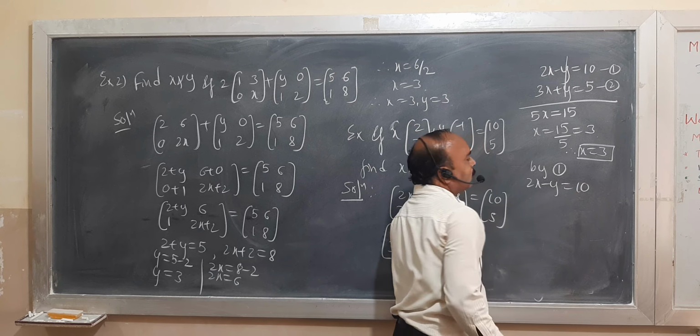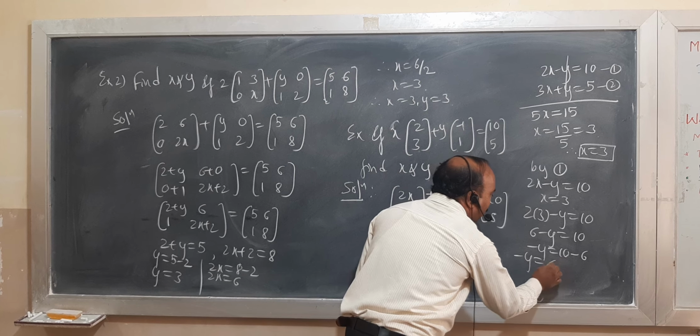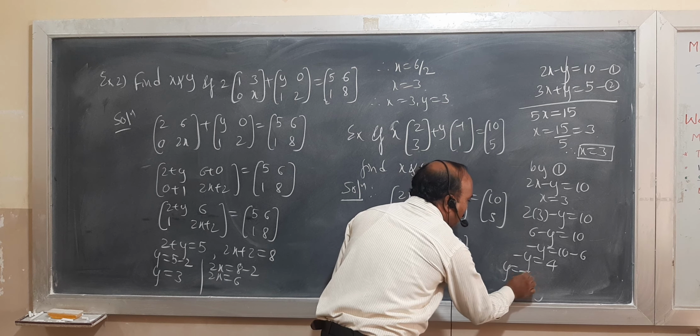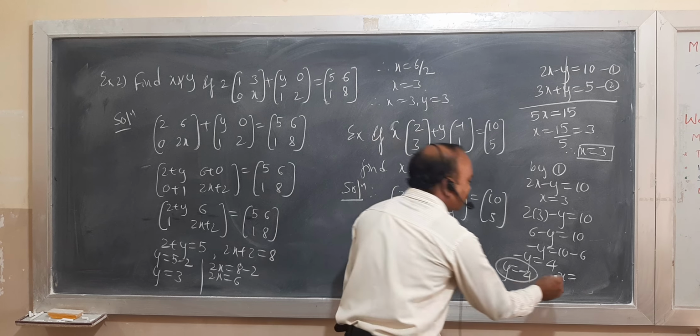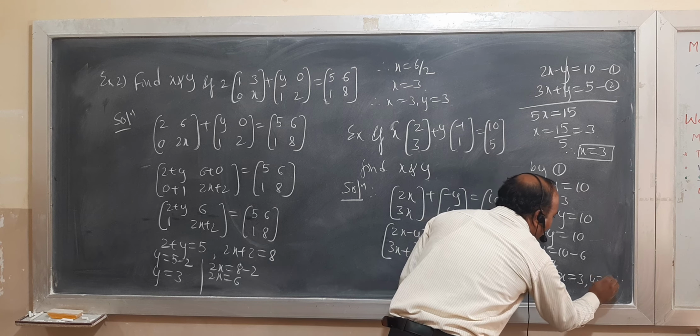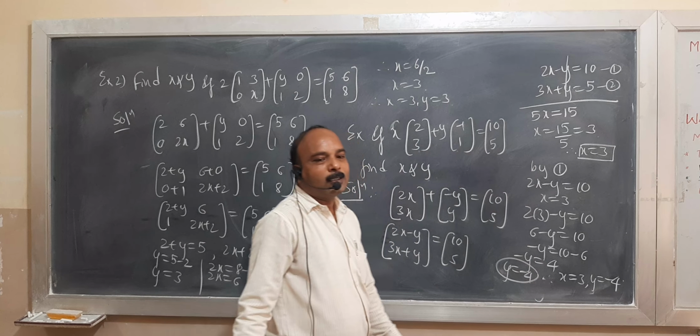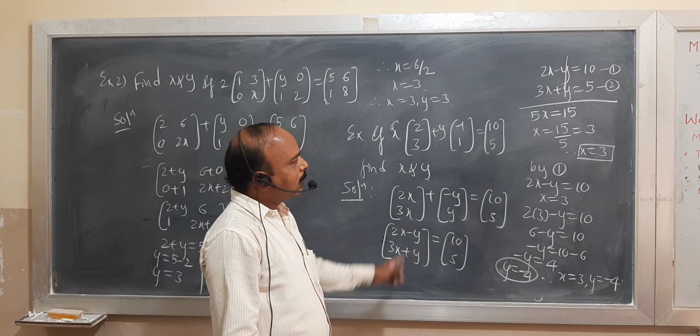Then you take 6 to that side. Minus y equal to 10 minus 6. So minus y equal to 4. Therefore y equal to minus 4. Therefore x equal to 3 and y equal to minus 4. It is the solution of the given example. Write down this one.